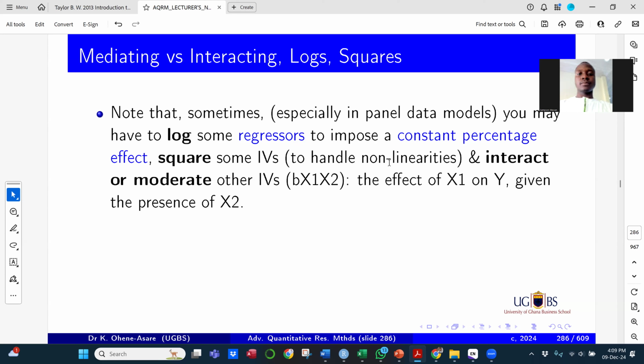Okay, so let's say you are working with GDP growth as against the summation of the nominal terms, the summation of export and import, which is what we normally call trade openness. You see that this one is in percentages, and the highest it can reach will be 100.